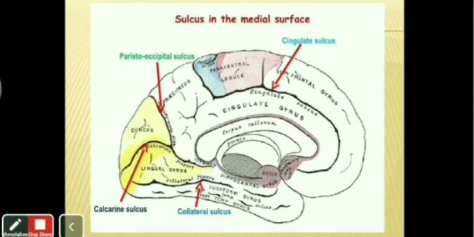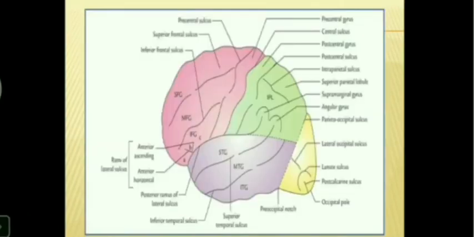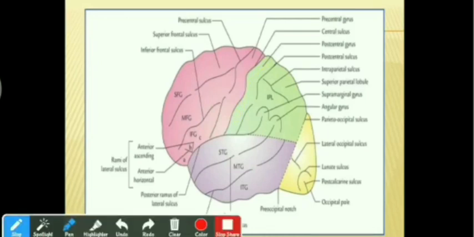About the lobes of the cerebral hemisphere, it has 4 lobes: frontal, parietal, temporal, and occipital. In order to divide the cerebral hemisphere into 4 lobes, we consider 3 sulci and 2 imaginary lines. We consider the central sulcus, the posterior ramus of the lateral sulcus, and also the parieto-occipital sulcus, and two imaginary lines.